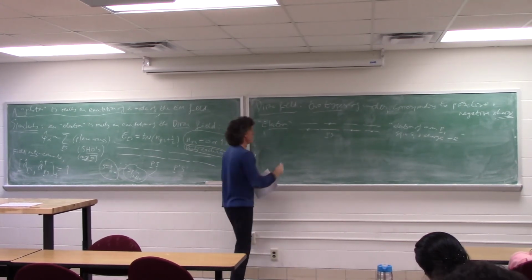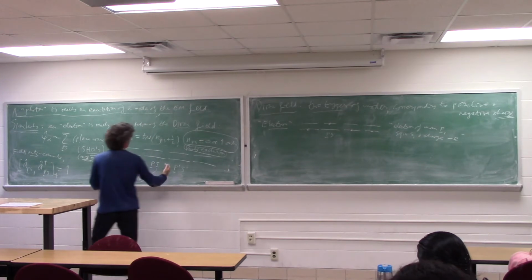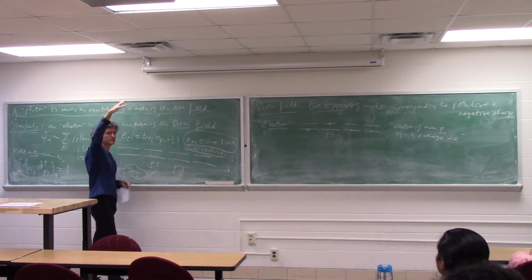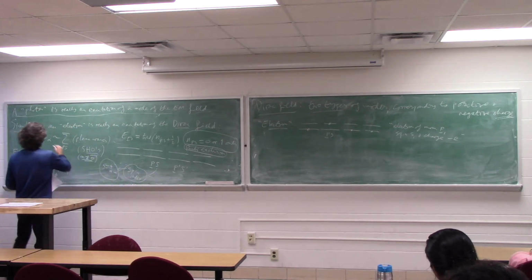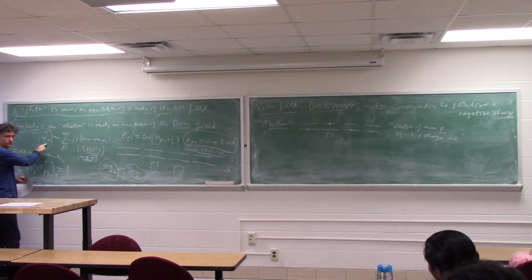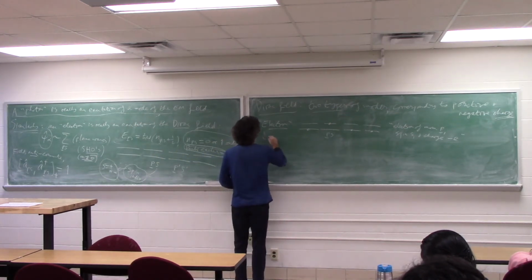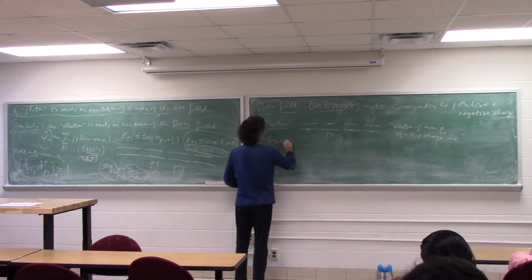There is another set of modes. Basically, there is a doubling. You have this infinite set of modes, then there's another set of modes, because this is a 4-component field. And you have an extra set of modes that corresponds to oppositely charged particles.